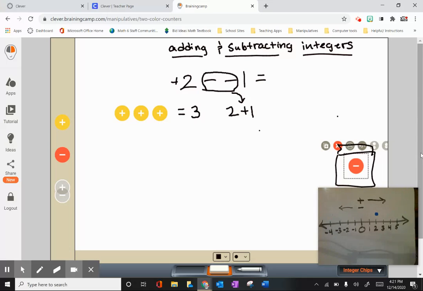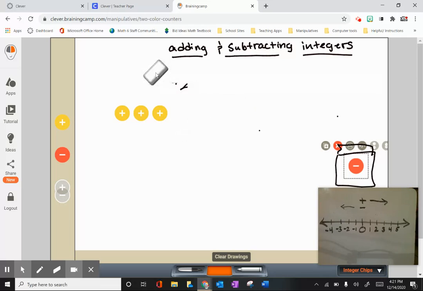So by taking away a negative, we have increased by 1 and got to 3. Let's look at a couple other examples. And then once you pick up on these rules, you won't need the counters or the number line anymore. You'll be able to do these just by rewriting them.